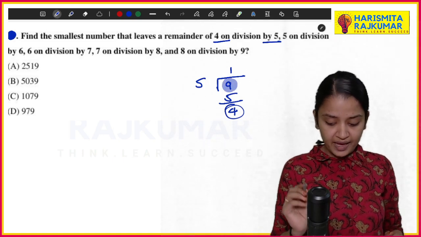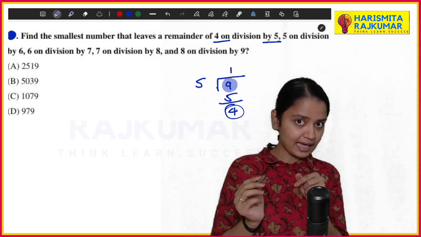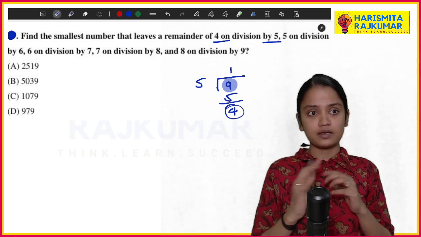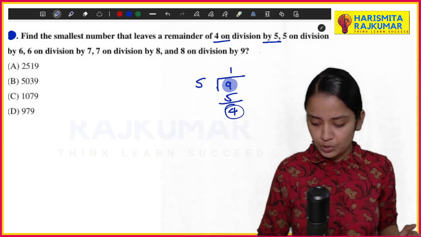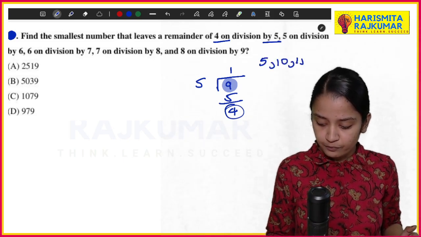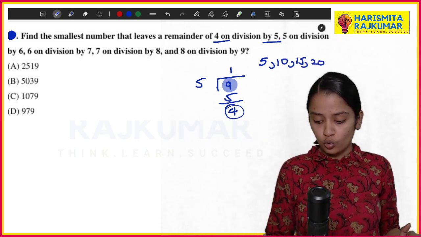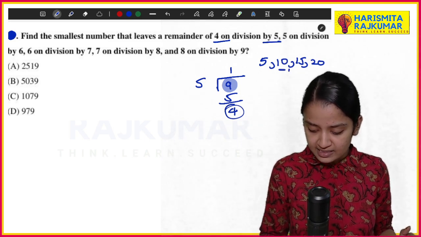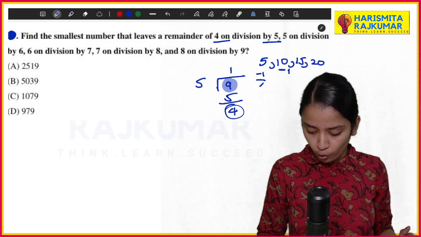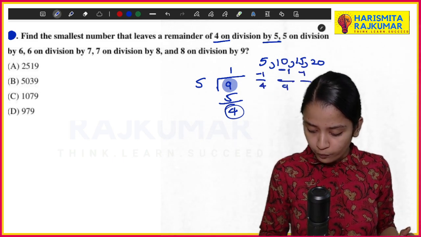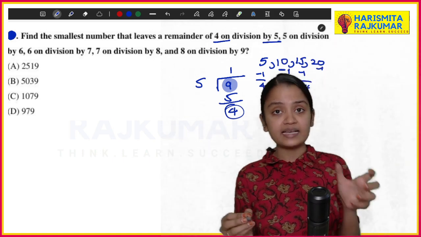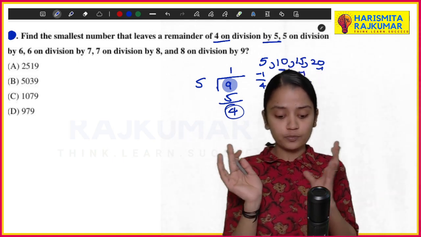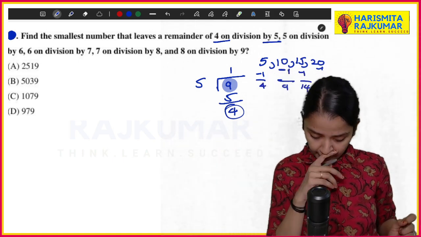It is 1 less than a multiple of 5. The 5 times table is 5, 10, 15, 20. So whatever number is 1 less than the table of 5, say 4 or 9 or 14, you will get remainder 4.